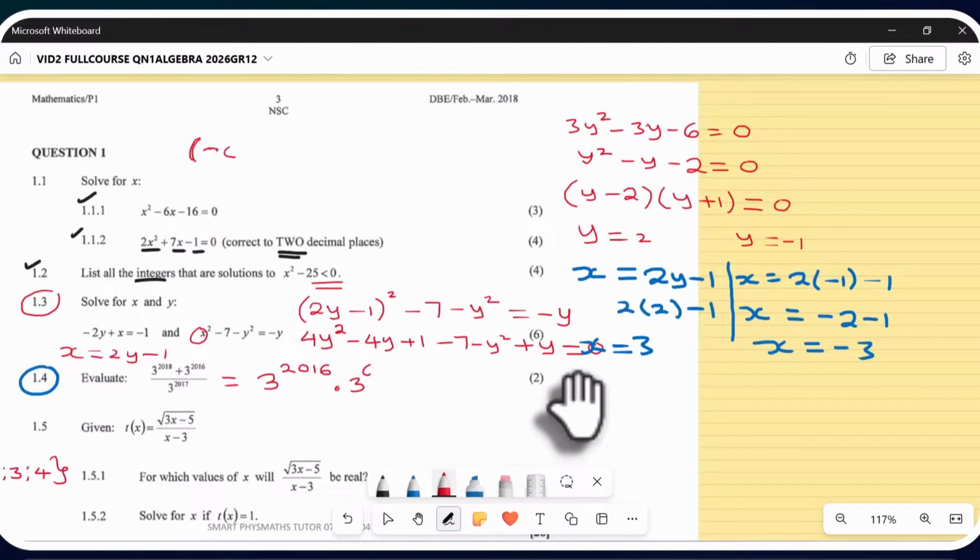So here, if I factor out 3 power 2016 in the numerator, I'm remaining with 3 squared plus 1, which is 9 plus 1.